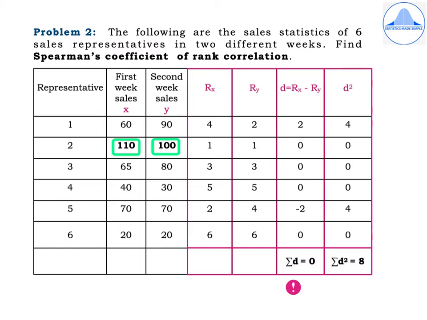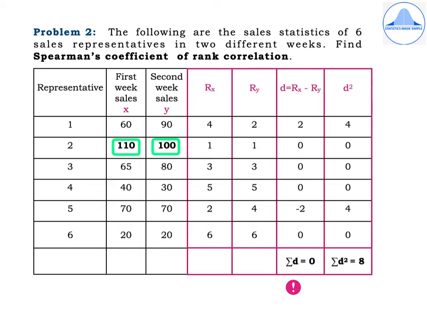In the Y column, the highest value is 100. So 100 gets the rank as 1, 90 gets rank 2, 80 gets 3, 70 gets 4, 30 gets 5 and 20 gets 6. Now you observe that this is also a problem where you don't have any tie among the values.